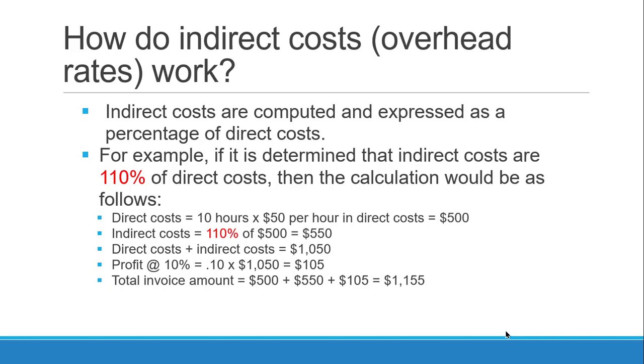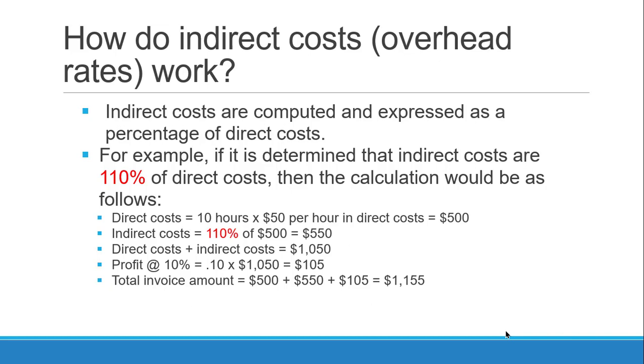Your direct costs, which will be computed for 10 hours of work at $50 per man hour, will result in $500 of direct costs. Since we've already determined that your indirect cost rate or your overhead rate is 110% of direct costs, you would apply the 110% to the $500 in direct cost to come up with indirect cost of $550.